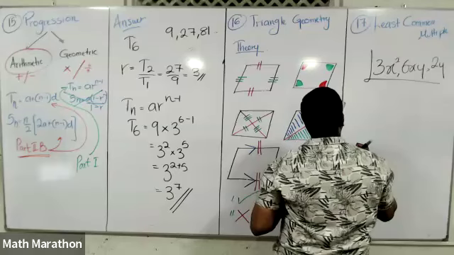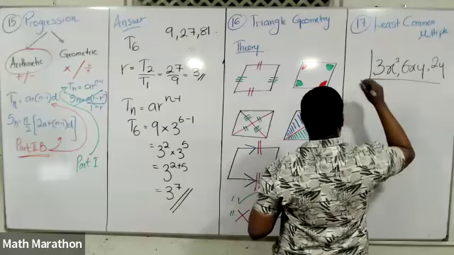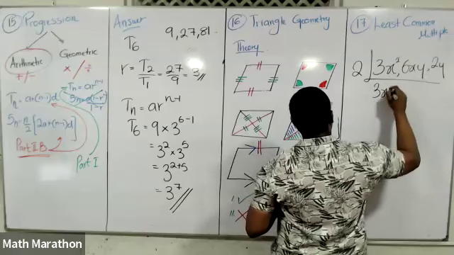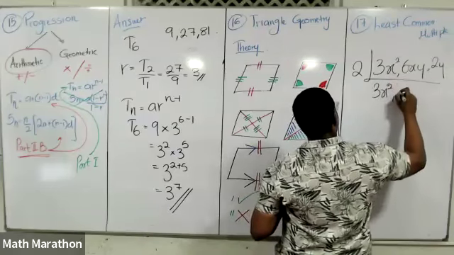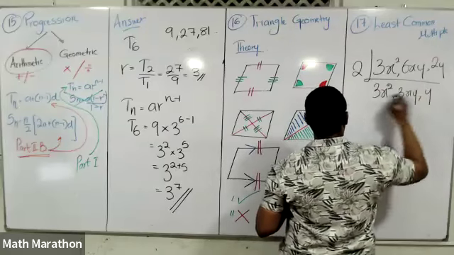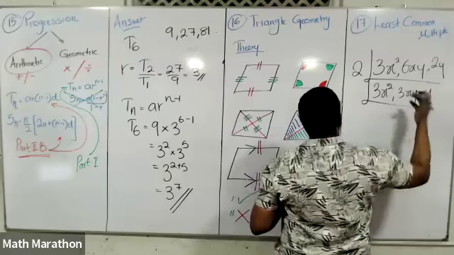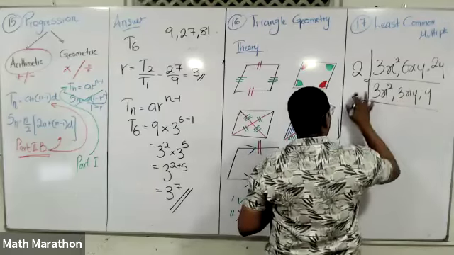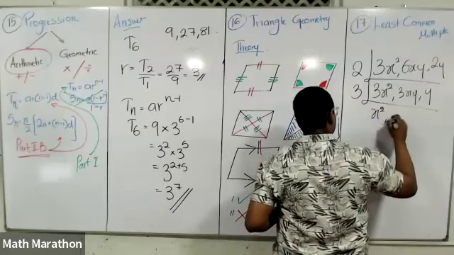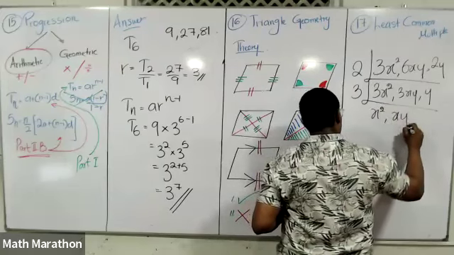I will start dividing with the smallest prime number, 2. 3x squared, comma 3x, comma y. I don't have anything else to be divided by 2, so I will go for 3. x squared, x, comma y.